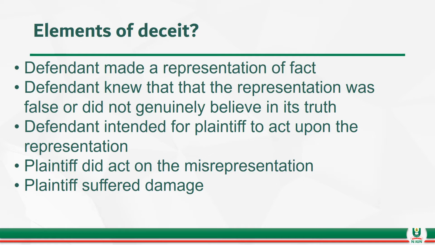And the fourth is that the plaintiff did act on the representation, and the result was that the plaintiff suffered loss or damage as a result of acting on the representation made by the defendant. So if you have all five elements in existence, then the tort of deceit will be established.